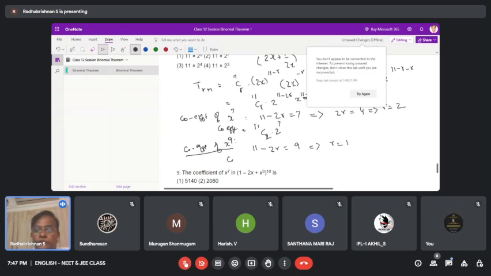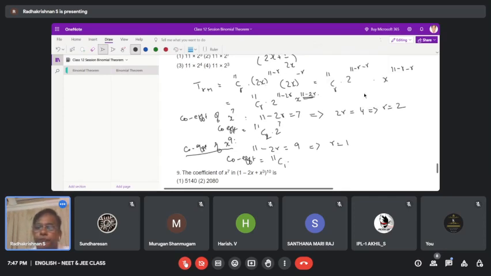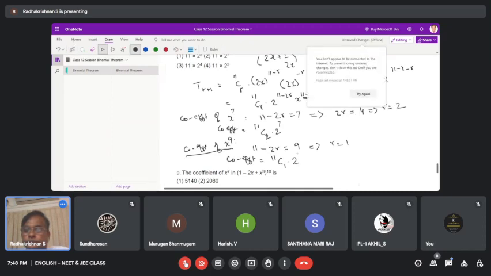So the required coefficient is 11C1 into, one minute, I'm getting irritated. Two power r, yeah. So here in this first step, I think I made a mistake. 11Cr into x power 11 minus 2r.